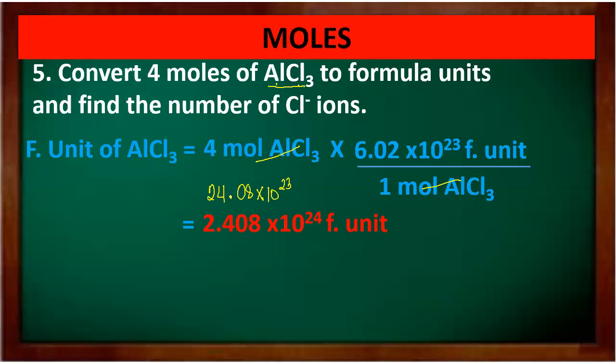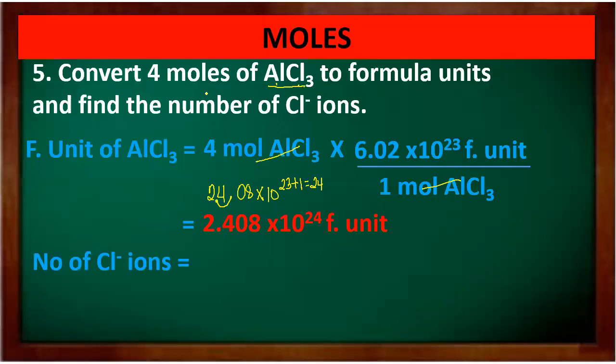So, since magmumove tayo ng 1 decimal place to the left, mag-a-add tayo ng isang exponent, kaya naging 24 yan. Okay? So, therefore, meron 2.408 times 10 to the power of 24 formula units for every 4 moles of aluminum chloride.